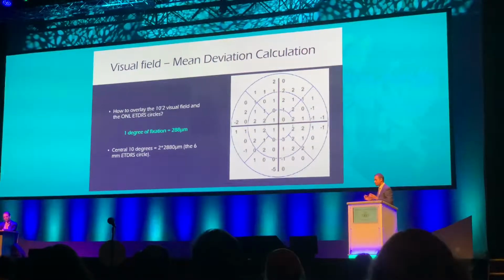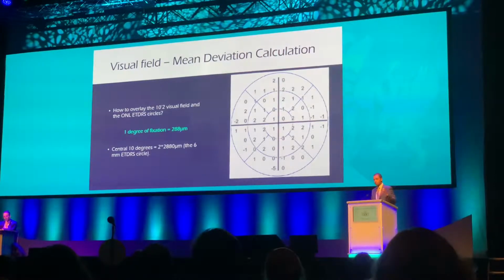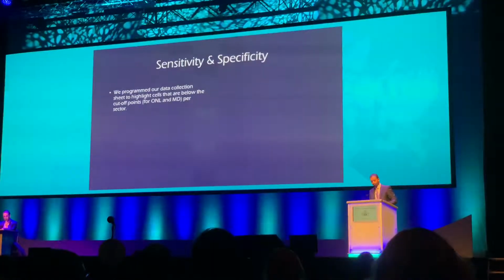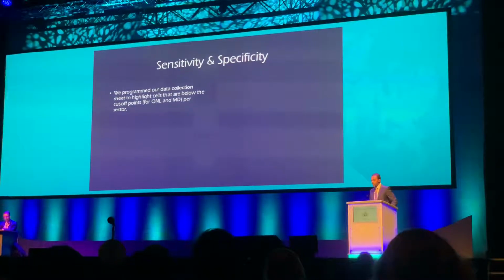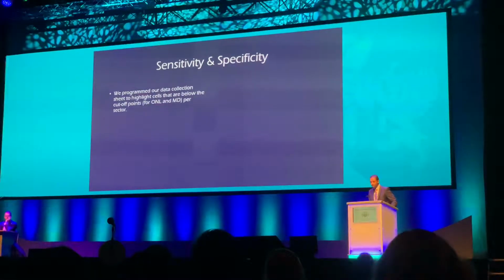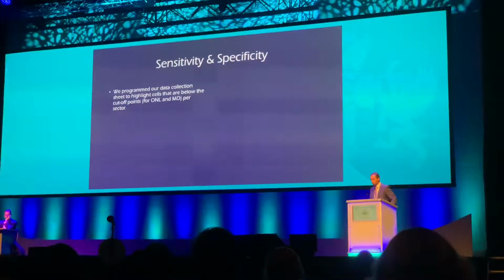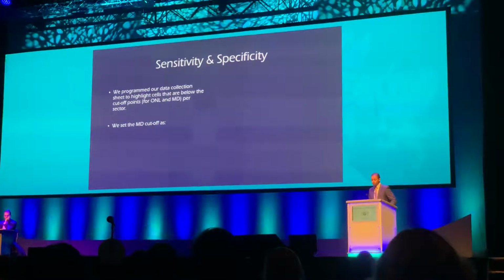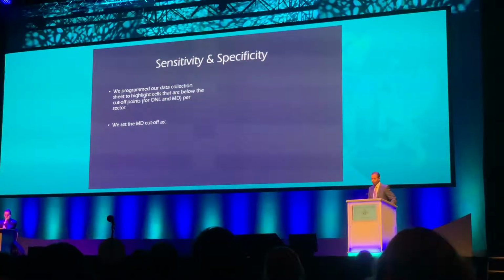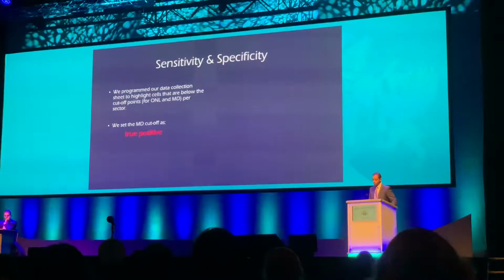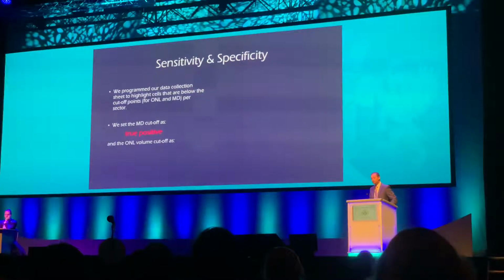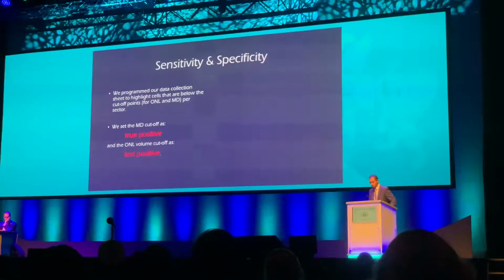Now you have sectors that correspond to the actual retinal areas. We programmed our spreadsheet to highlight any eyes or sectors that are below our cutoff point. We used the mean deviation cutoff point as our test positive, and the outer nuclear layer loss as the true positive.